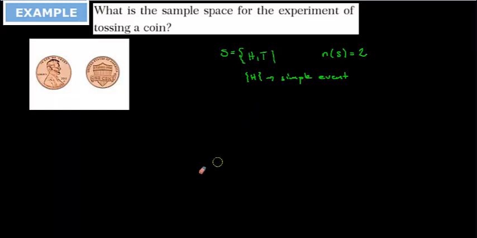Okay, let's continue. What is the sample space for tossing a coin 3 times? Three different coins, or one coin tossed 3 times, have the same meaning. As I said before, tossing one coin 3 times or 3 different coins have the same result. So here we are going to make the set of 3 coins.